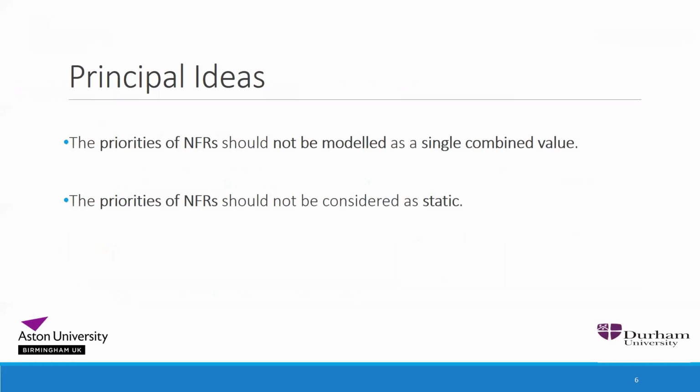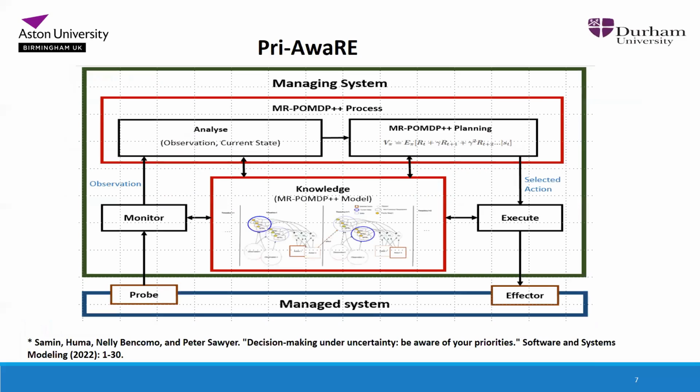So the principal ideas here are that the priorities of non-functional requirements should not be modeled as a single combined value, and also should not be considered static, as they are required to change according to the runtime context.